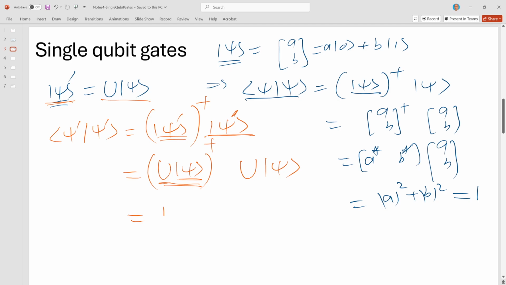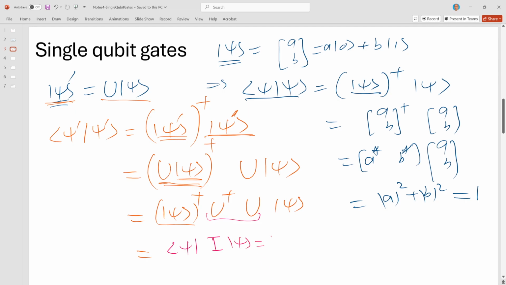So this becomes psi dagger U dagger U psi, and this U dagger U is nothing but identity if this is a unitary matrix.